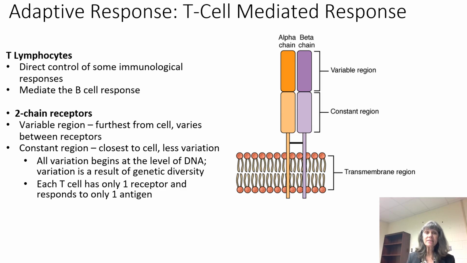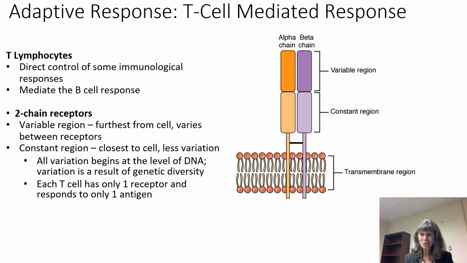T lymphocytes are important because they're going to direct control of some of our immunological responses, and they can also mediate B cell responses. And T cells, I think, are anywhere between 65 and 85% of all blood-borne circulating lymphocytes. So of all of our lymphocytes, the T cells make up a majority of the portion of lymphocytes.